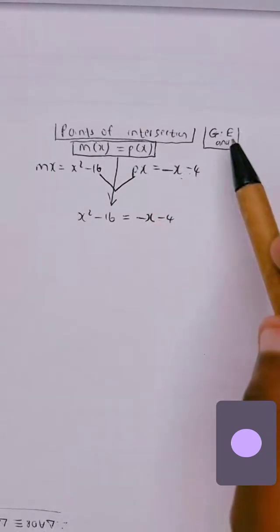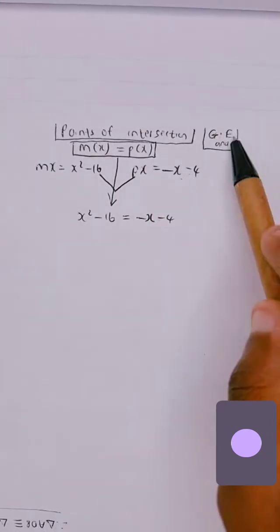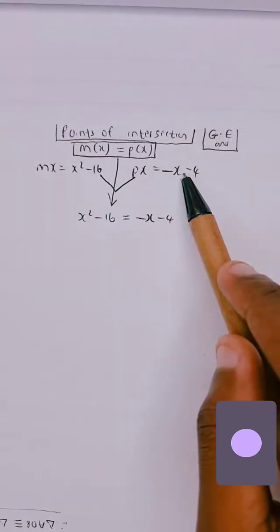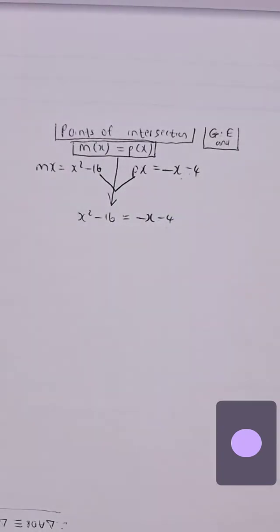Because at G and at E, that is where X squared minus 16 and negative X minus 4 are equal. Right? Are you following here, Z? Yes, I'm following.